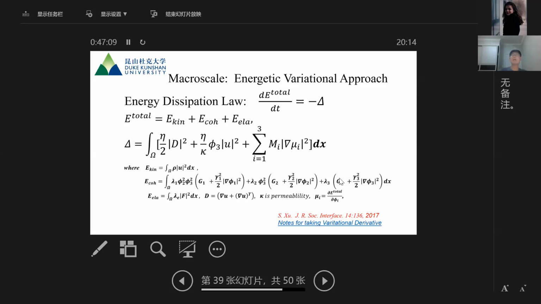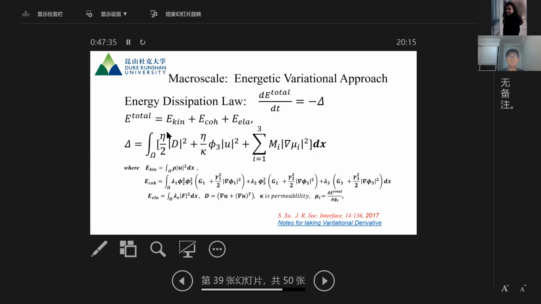And also I have some dissipation in the system. So what is dissipation? That means energy loss, which is either transferred to heat or to another form of energy. For example, the traditional friction of the fluid changes the energy to heat or other energy. So it's the trivial dissipation.